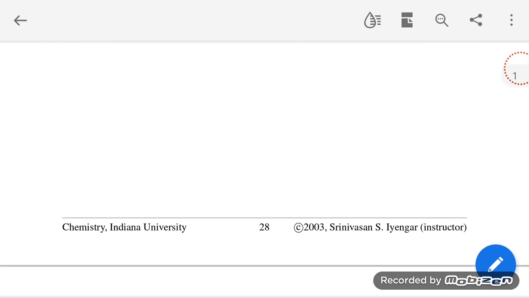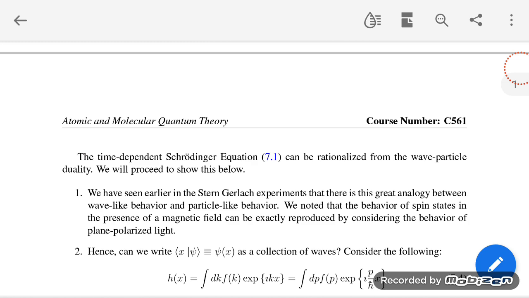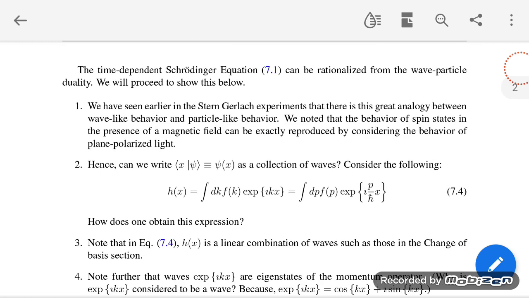We can also say that the time dependent Schrodinger equation can be rationalized from the wave particle duality. We will proceed to show this below.